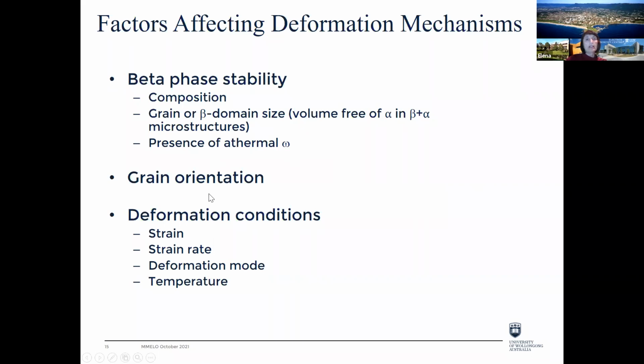Also, grain size, grain orientation or texture of beta grains will play a role, and deformation conditions, which are not limited to, but could be strain rate, and also whether it's loaded in tension, compression, torsion, bending, and so on, and temperature also. For sure, there are so many conditions and factors that I will not be able to cover everything in this reasonably short lecture, but I will try to address the most important parameters that I think are of interest.